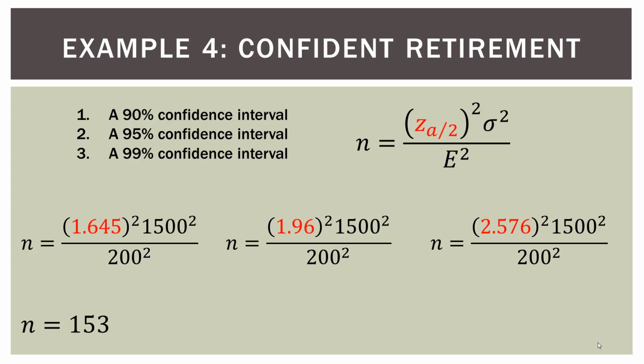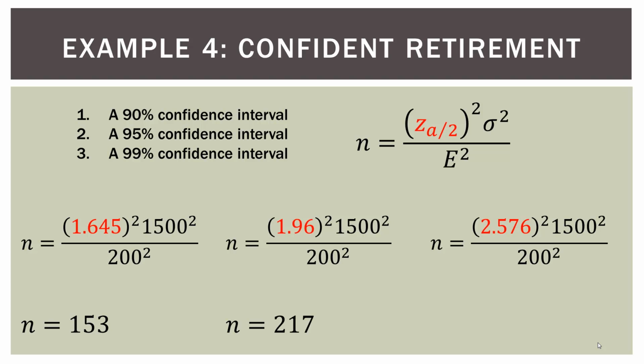For 90% confidence, our sample size would have to be 153 managers that we would sample or interview, however you want to look at it. So, to have 90% confidence, our sample would have to be 153. And if we took that sample of 153 over and over again, 90% of them would contain the actual population mean. Now, for 95% confidence, we would have to up that sample size to 217.